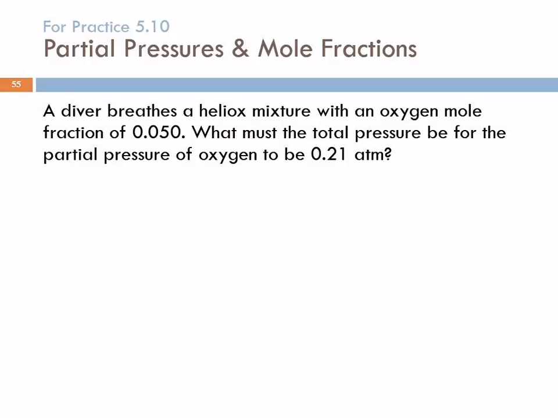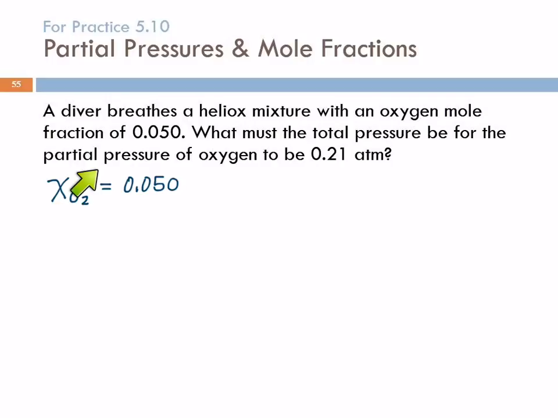Well, let's think about this. The oxygen mole fraction. What symbol did we use for mole fraction? Chi, that funky big X. So chi O2, the mole fraction of oxygen, is 0.050.